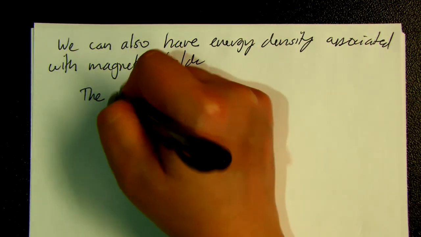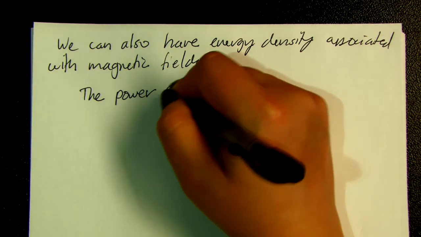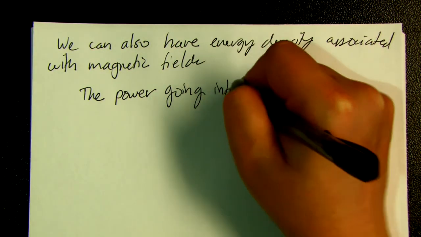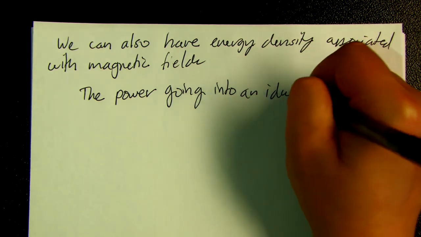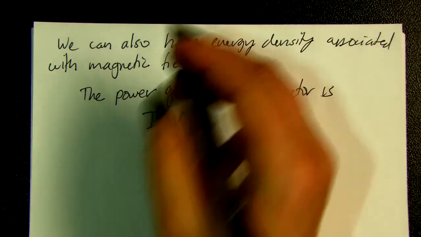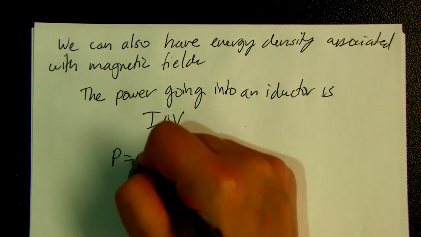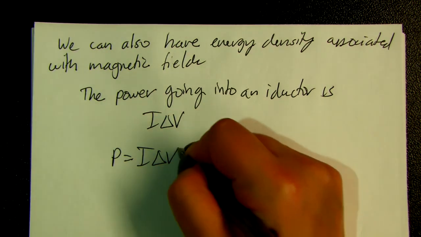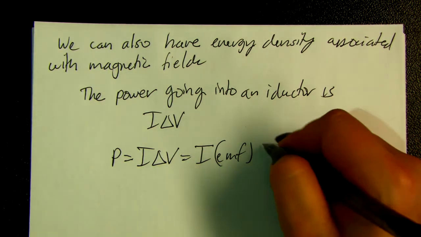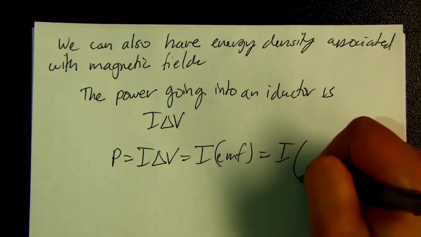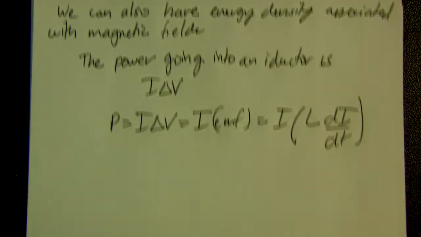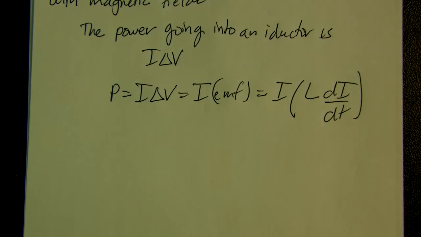The power going into an inductor, that's our solenoid, is I delta V. So power is equal to I delta V, which is equal to I times EMF, which is equal to I times L di/dt. Just plugging and chugging different definitions right now.